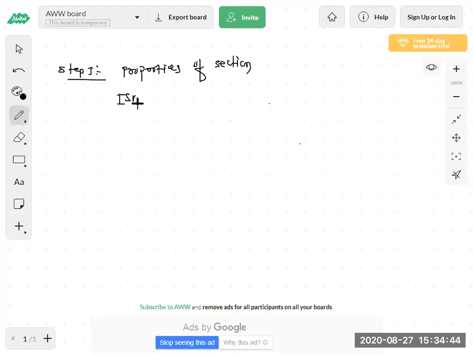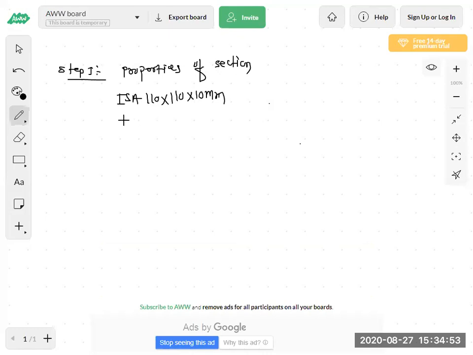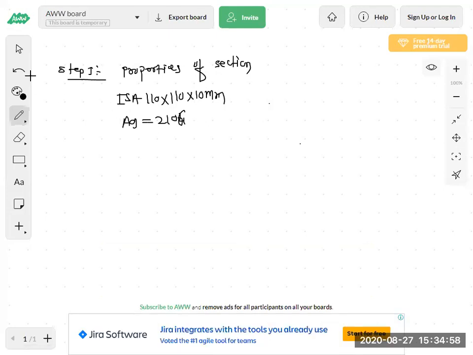So ISA 110 by 110 by 10 mm we have used, and AG is 2104 or 6 mm square, and RVV is equal to 21.4 mm.